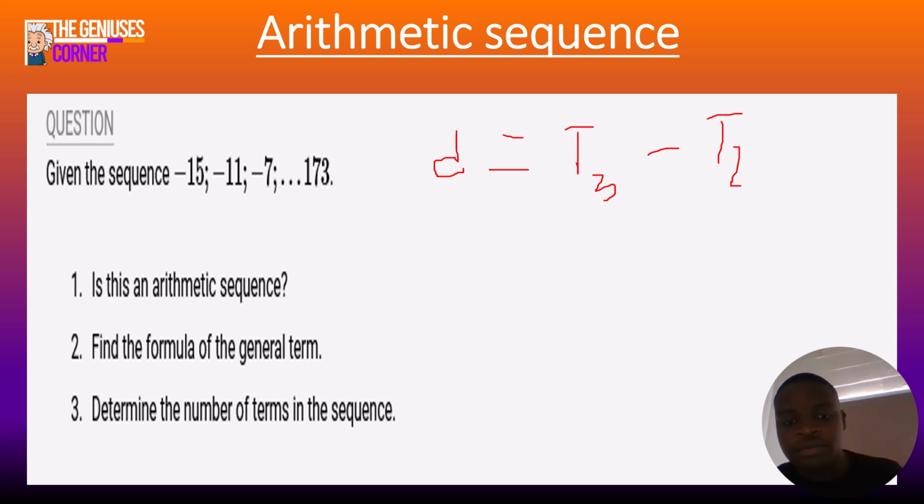T3 is minus 7, so we have minus 7 minus minus 11. And we find that that is equal to 4.